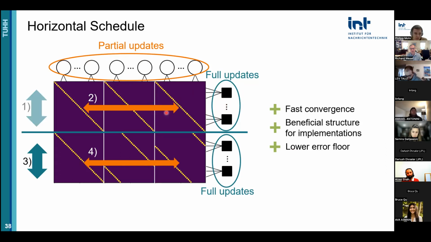And for example, in one iteration, we would first update the group of check nodes here corresponding to the first layer, followed by partial updates of all the variable nodes. And this can be continued, which completes one decoder iteration. And we have similar benefits as for the vertical schedule.